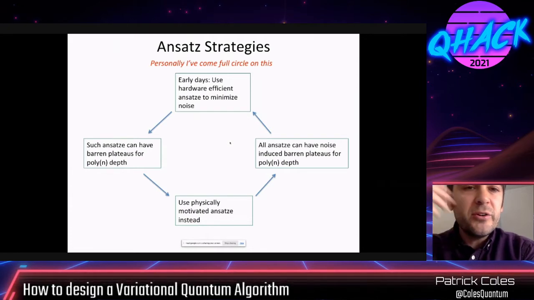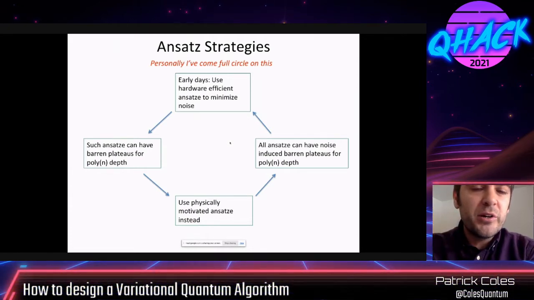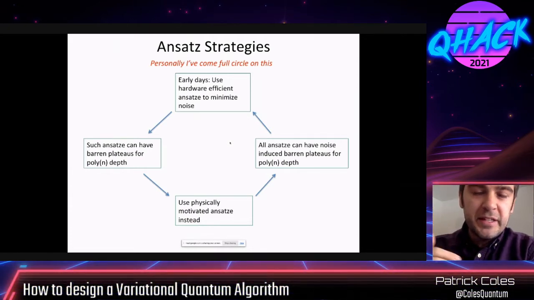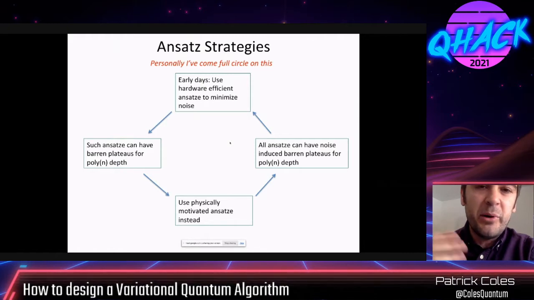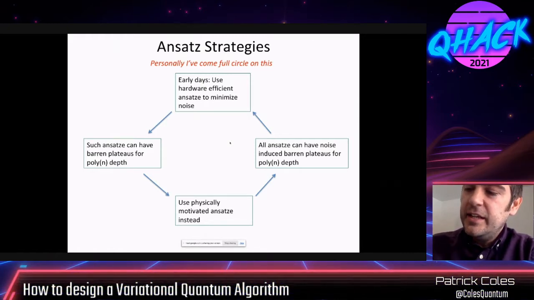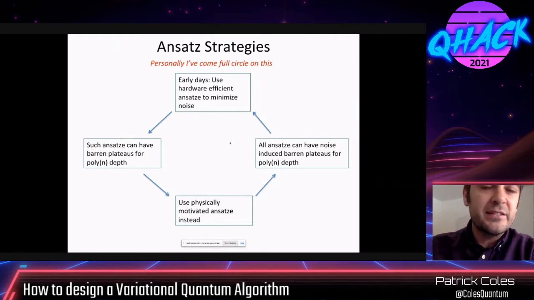In the early days, people proposed hardware efficient ansatzes because they keep the circuit depth short, to minimize noise. A hardware efficient ansatz matches the connectivity of your device in order to keep the number of gates low. And so people said, let's use these hardware efficient ansatzes to minimize noise.